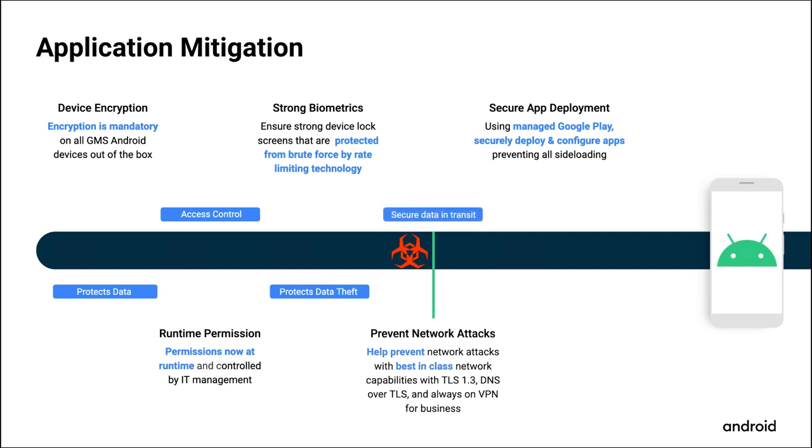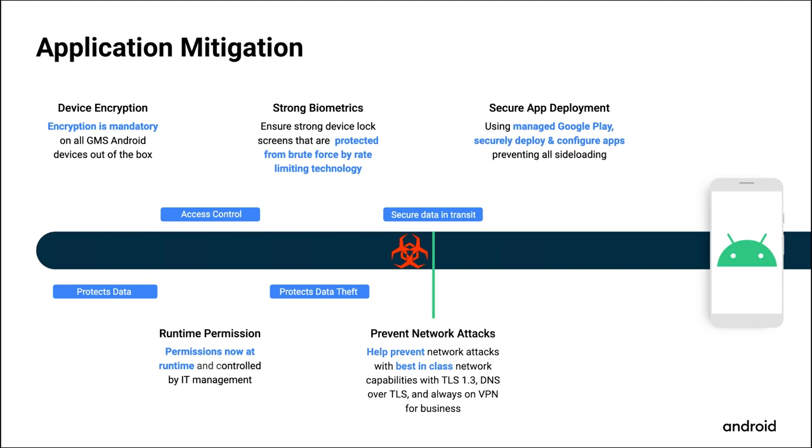Then we have to protect the data coming in and out of the device, and we've done that by implementing very strong and industry-leading network capabilities, right? Best-in-class capabilities. So in modern Android, for example, in Android 10, we've mandated that TLS 1.3 is the default. It will downgrade to connect to servers that are still using TLS 1.2 and 1.1, but we actually implemented TLS 1.3 in Android 10, which is much more secure than its predecessors.